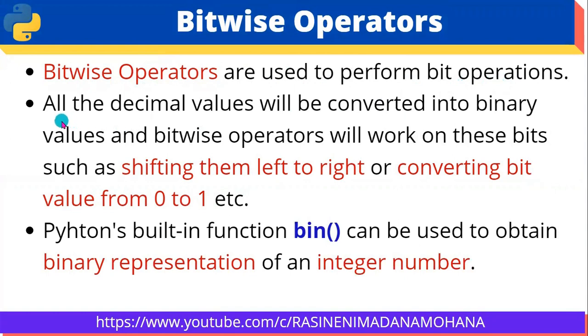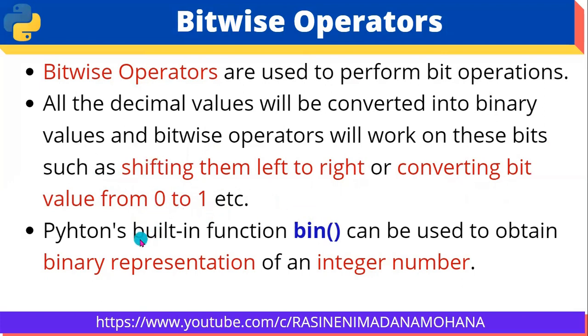By taking whatever values are given, suppose you take decimal values, those values will be converted into binary values, and bitwise operators will work on these bits, such as shifting them left to right or converting a bit value from 0 to 1, etc. So by using various bitwise operators, we can perform either shifting them left to right or converting a bit value from 0 to 1 or 1 to 0, etc.